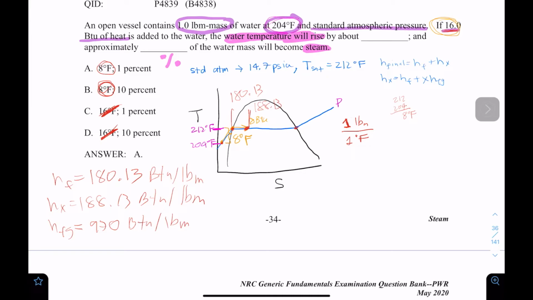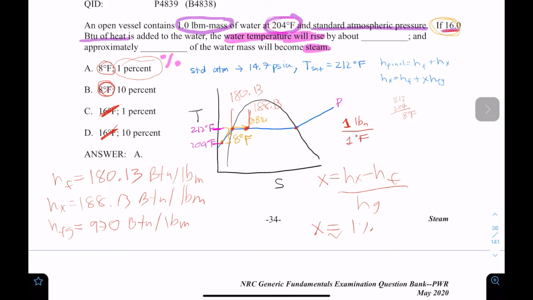And if I do all my calculations correctly, to calculate my quality, that's going to give me about 1%, right? So this is where I'm going to be at.